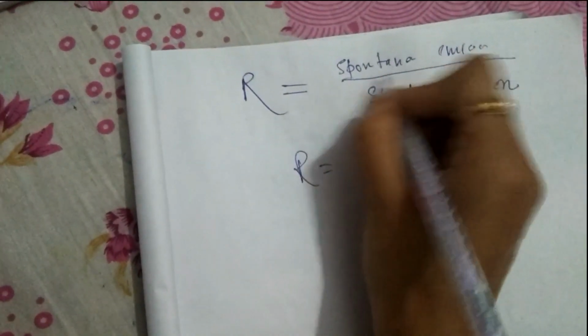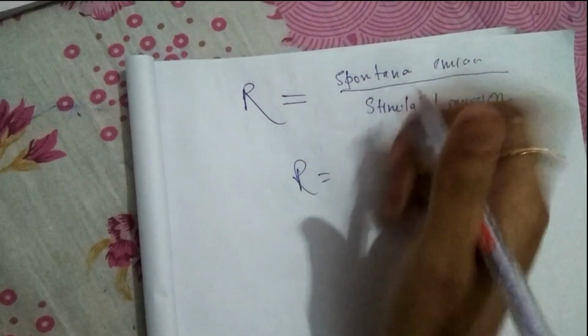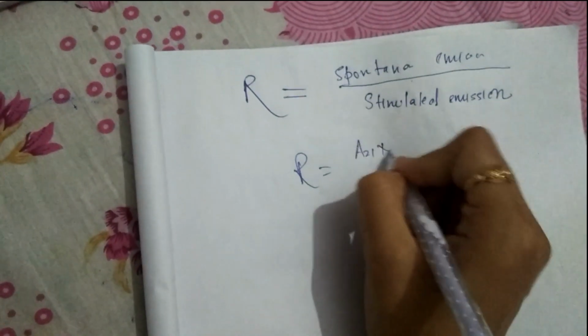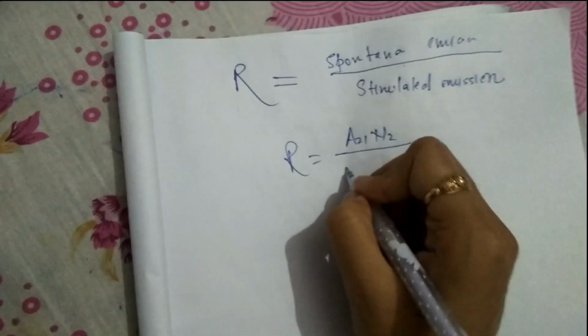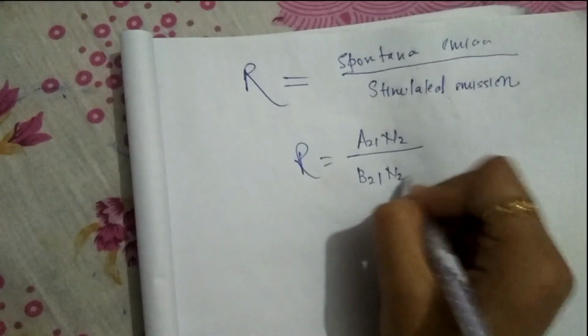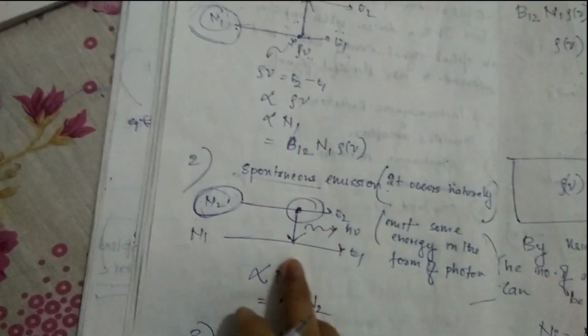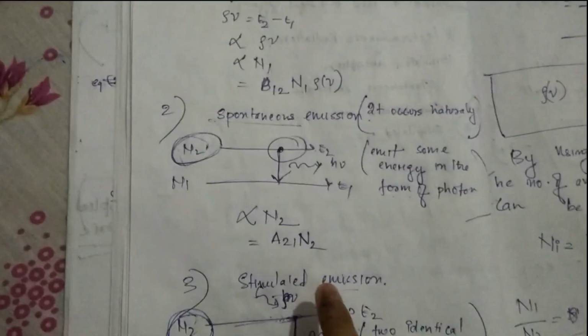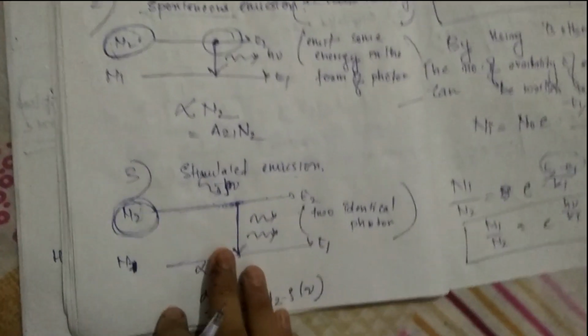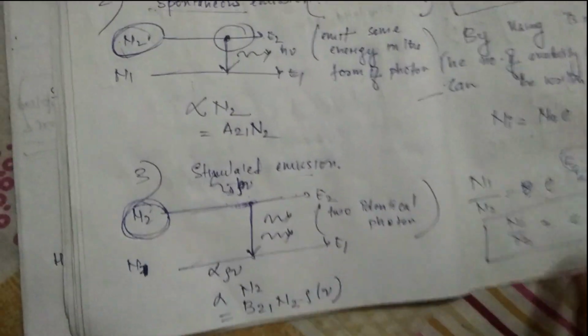So R equals spontaneous emission A21 N2 over stimulated emission B21 N2 rho nu. We get spontaneous emission A21 and stimulated emission B21.